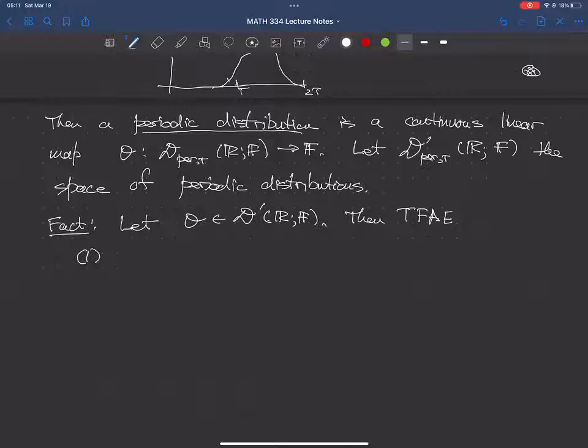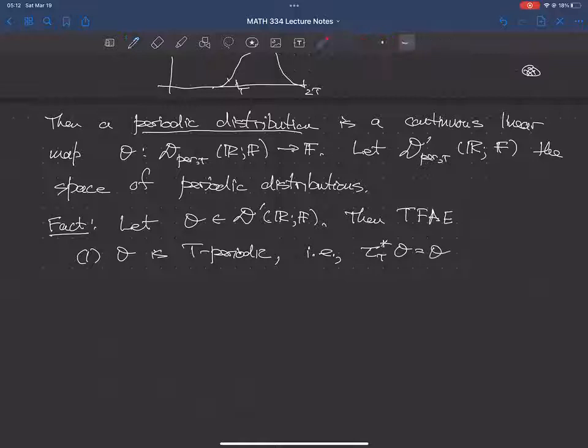All right, so okay, so now as a distribution, the first of my three equivalent statements is that theta is a T-periodic distribution. And what I mean by that exactly is that tau T star theta is equal to theta, okay?